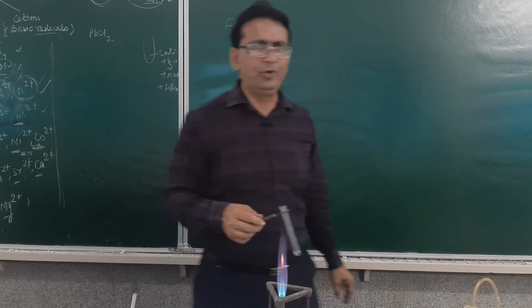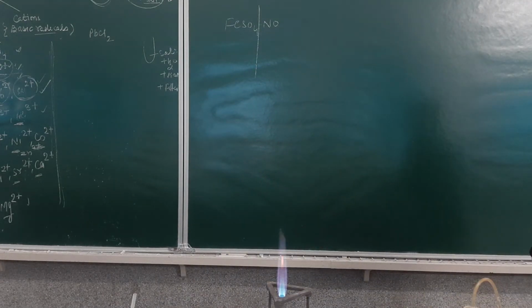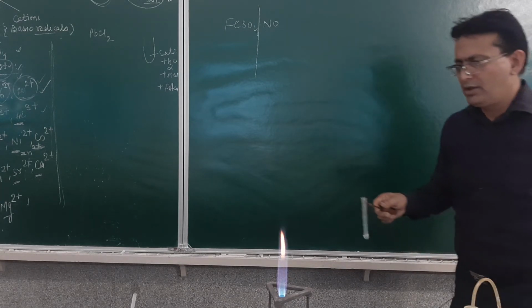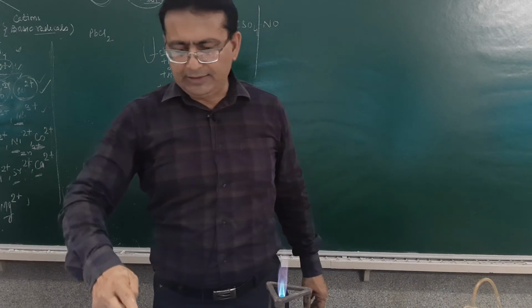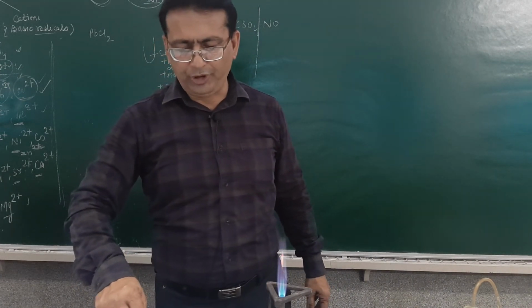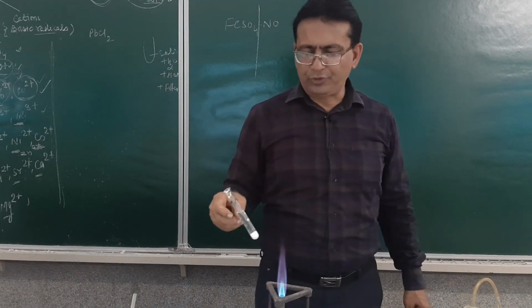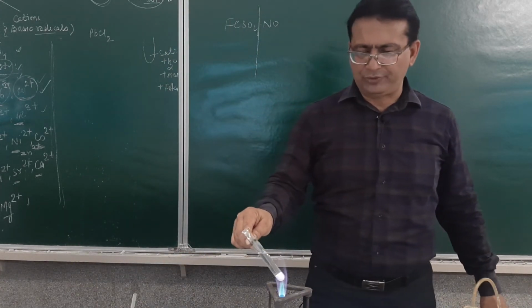Is it clear to all of you? So once it dissolves in the hot water, you have to take that solution. This is a solution of lead chloride. You may slightly heat this also.